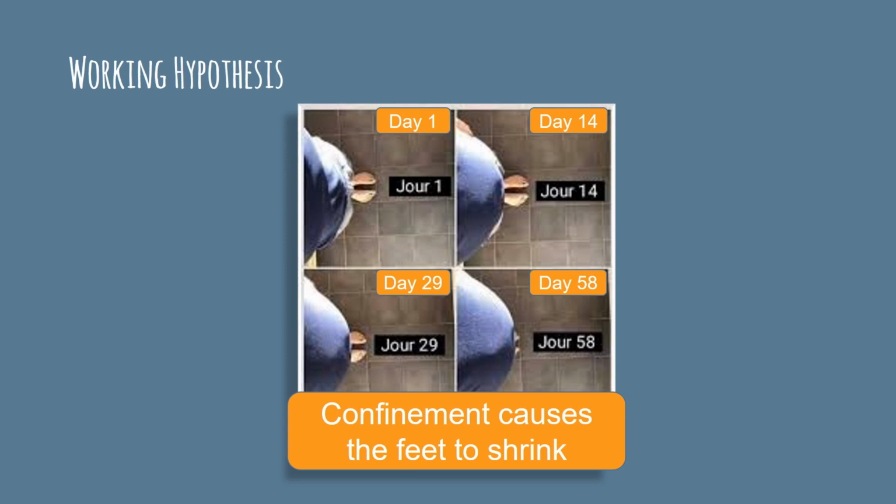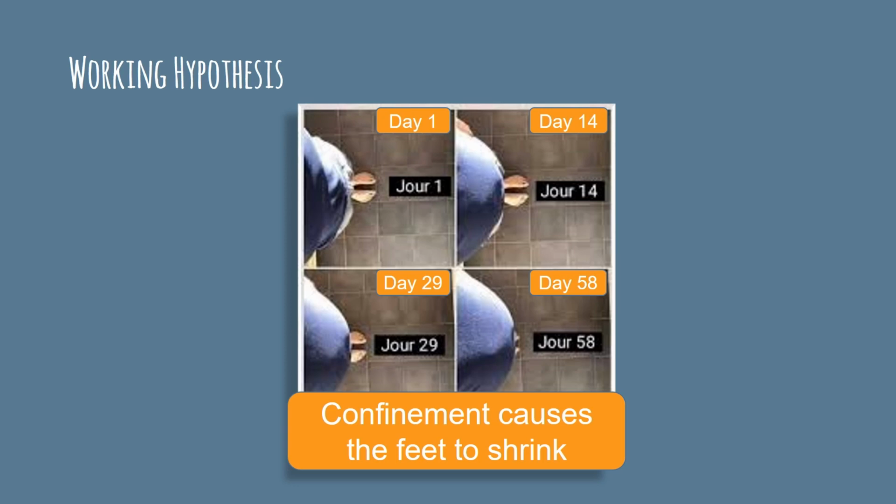Like the example above, with a working hypothesis from observation that feet shrink due to confinement, you will now check different studies, interviews, or statistics in order to check whether this hypothesis is confirmed.